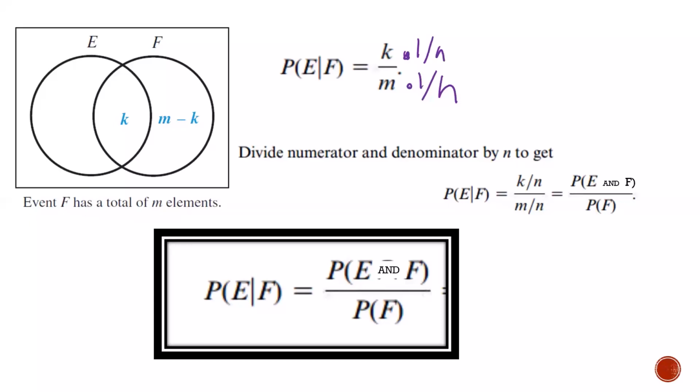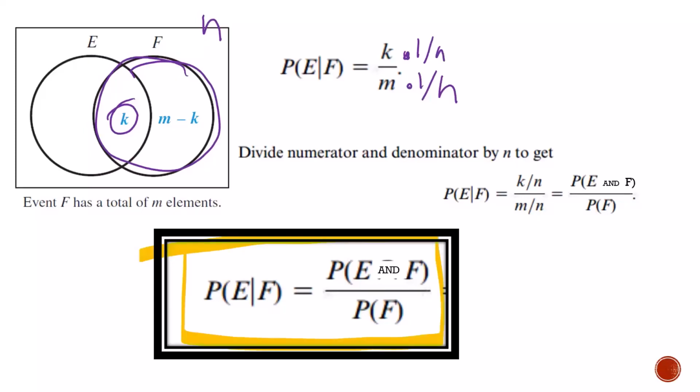And then, right, so K over N, right? If there are N total things in this whole square, there are K elements here, there are N total. That's the probability of E and F. And then M is the number of elements in F. There's a lot going on here, but really, all you have to memorize is this.